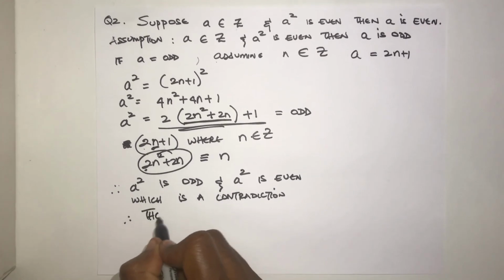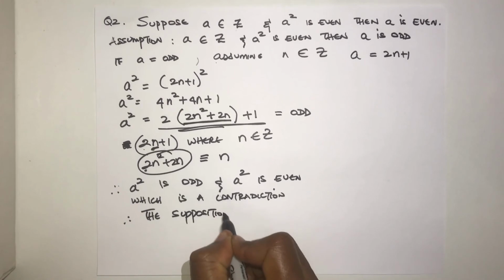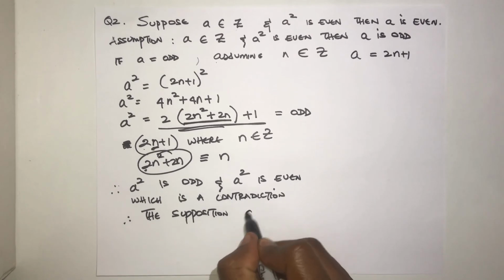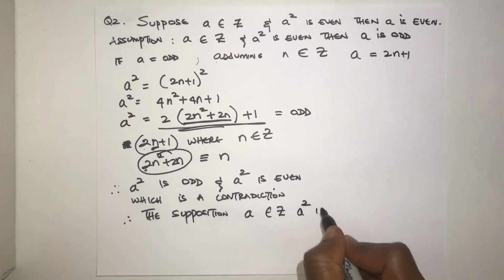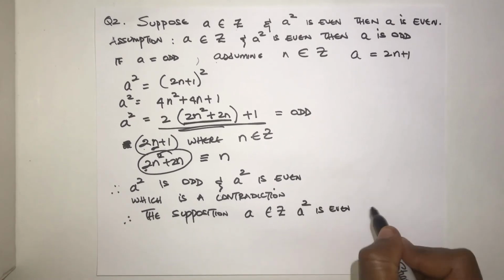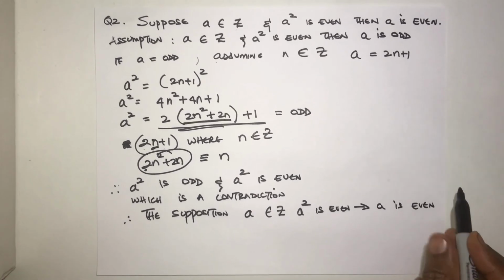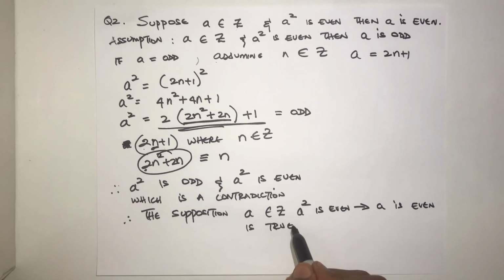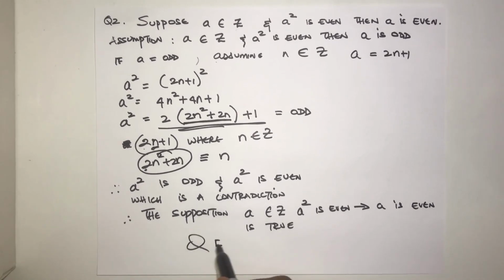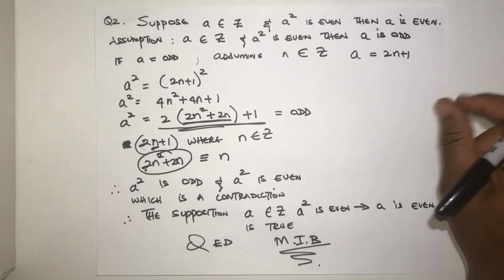Therefore, the supposition that a is an element of Z, a squared is even, implies a is even, is true. Right? Question excellently done. Math is beautiful.